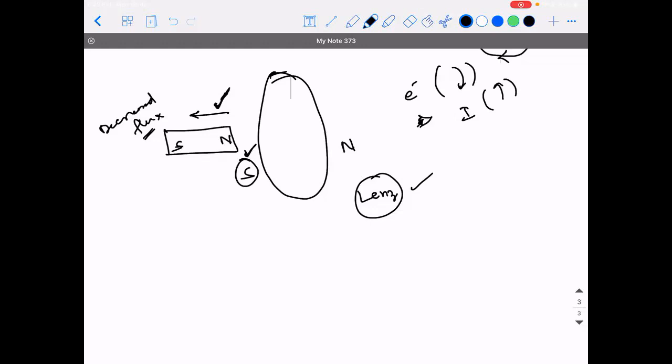The direction of current induced in the coil will be in such a way that it tries to decrease the cause which is producing it.